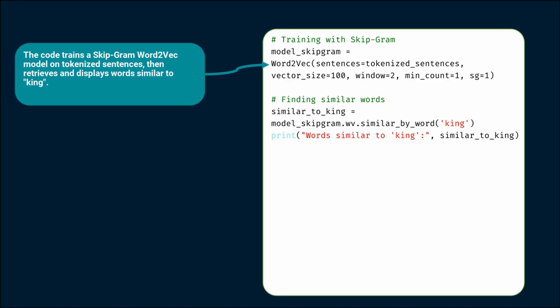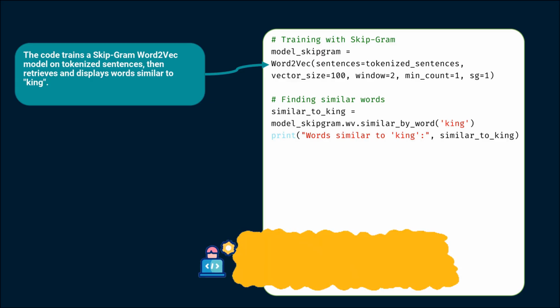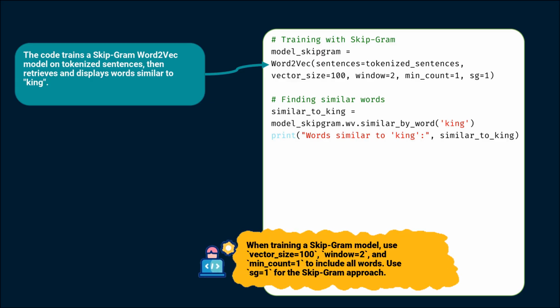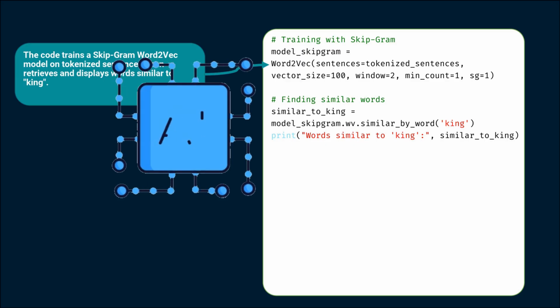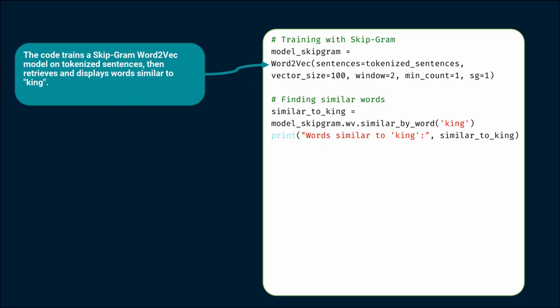Now, setting the min count parameter to 1 is really important because it ensures that all words in our dataset are included in the model, even those that appear just once. But the key highlight here is the sg equals 1 parameter, which instructs the model to use the skip-gram approach. Once we've trained the model, we'll use the similar by word method to retrieve words that are similar to king.